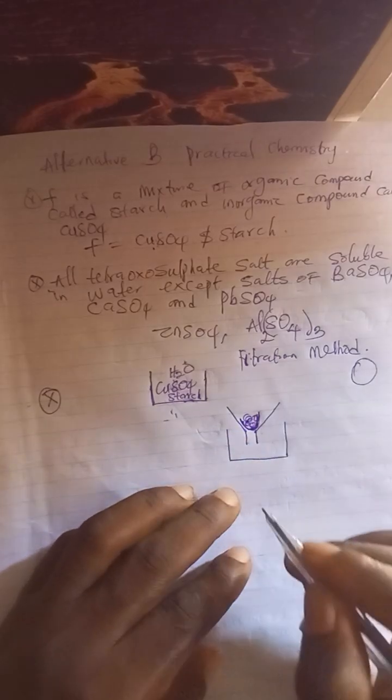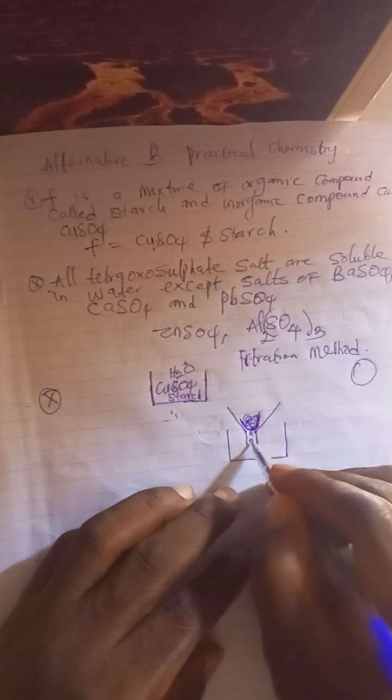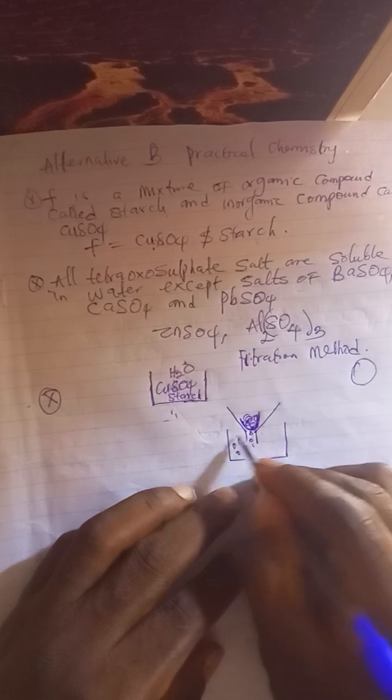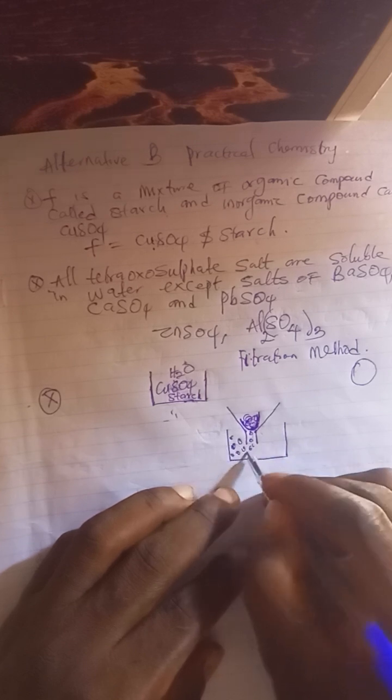So when you place it like that, then you pour this solution here. Then the filtrate is the one that will pass through the filter paper. So this one that pass through the filter paper, it is called filtrate.